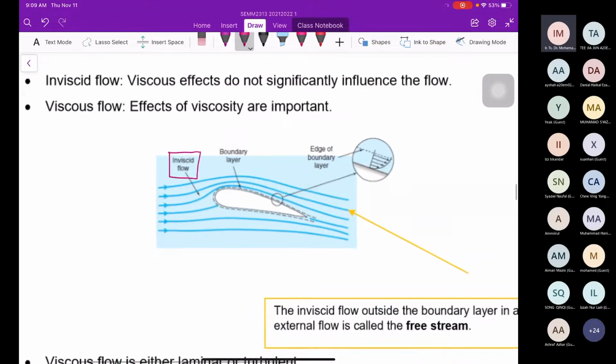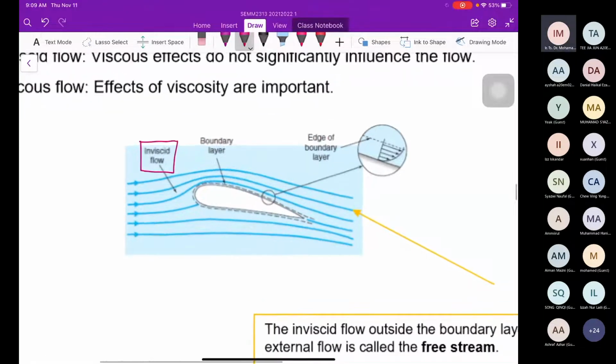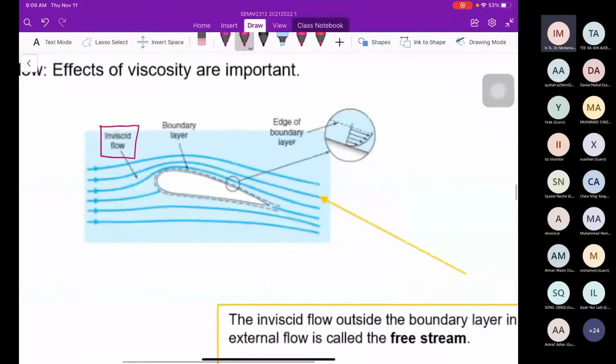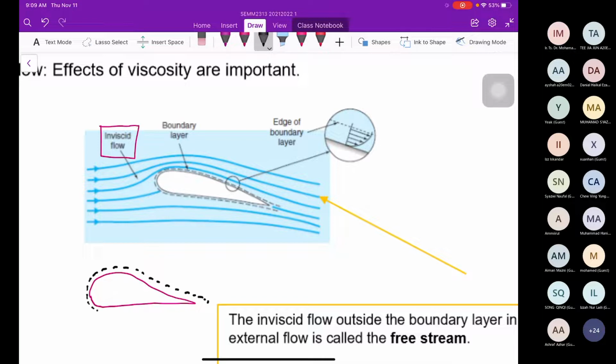However, the viscous flow is basically inside the boundary layer, so the viscosity is very important. Look here: when we have the aerofoil, the surrounding of the aerofoil is categorized into a boundary layer. Why do we have the boundary layer?